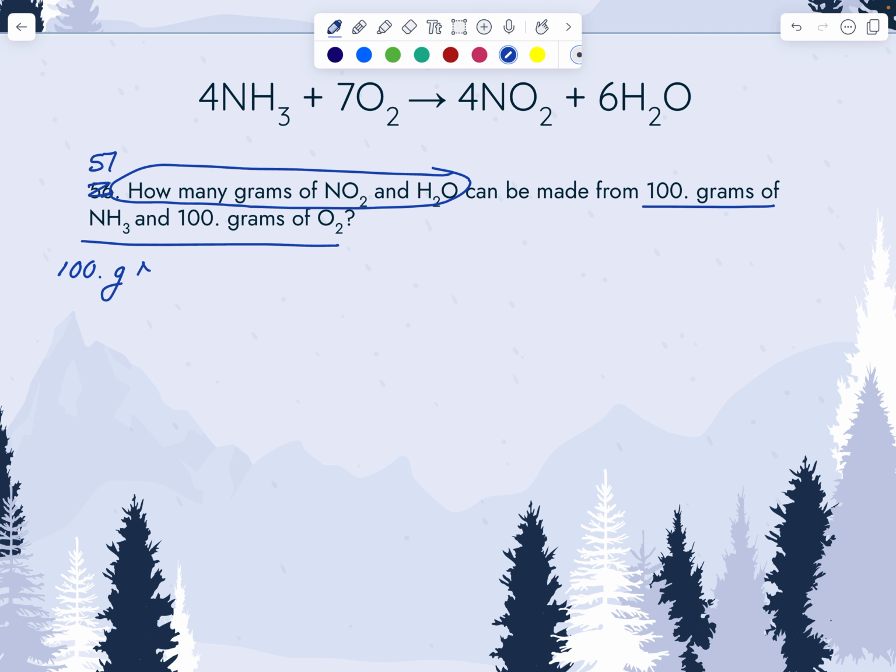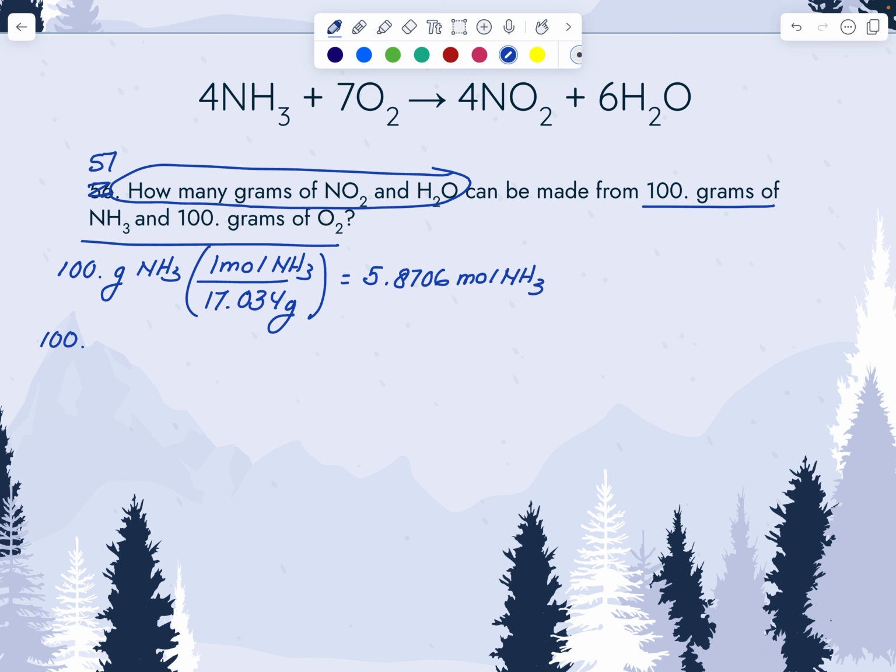100.0 grams of NH3, that has the chemical name ammonia. 1 mole of NH3 has a molar mass of 17.034 grams. And when I put that in my calculator, I get 5.8706. That's how many moles of ammonia I start with.